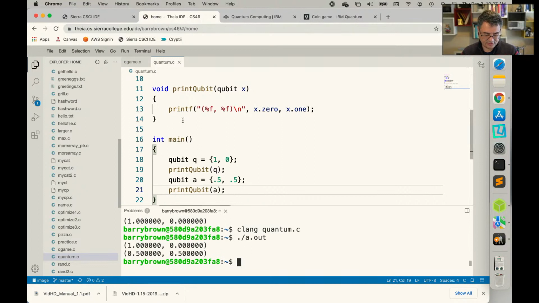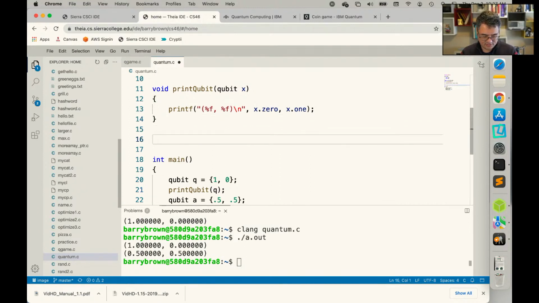So now let's make a function called not. Or we can call it x. We'll just call it x, because that's the name of the operation.